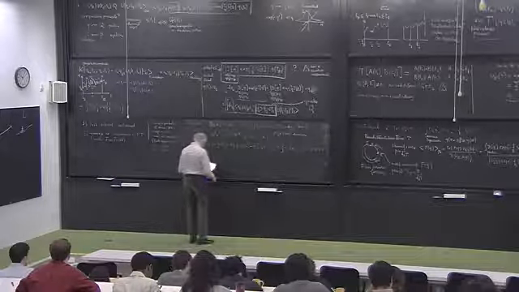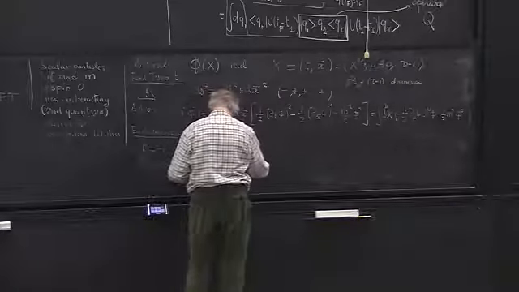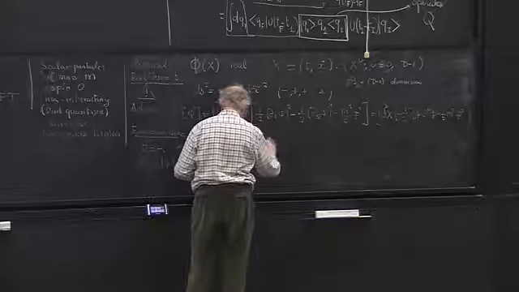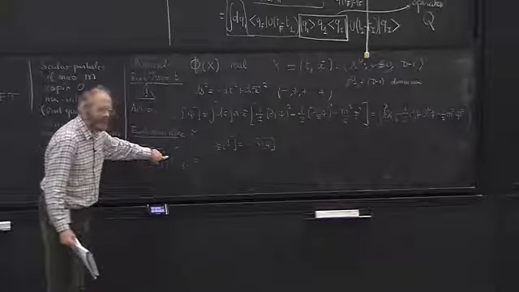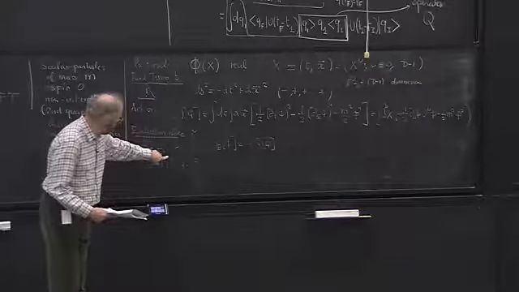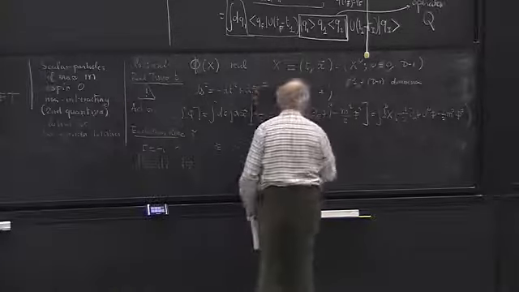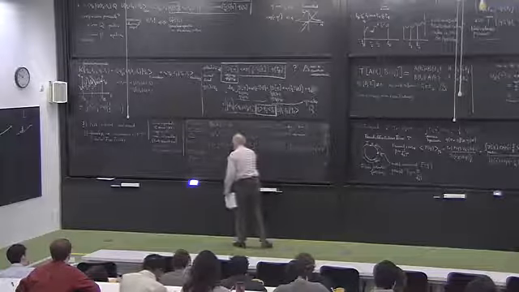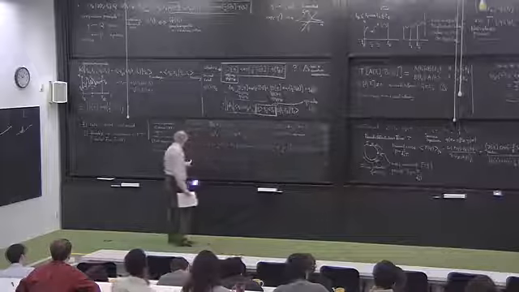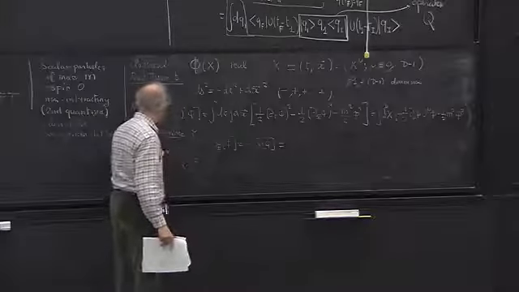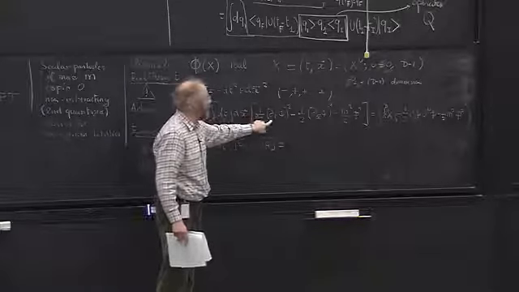And what is the Euclidean action? Remember the rule. The Euclidean action of phi is defined as minus i times the action at real time when you do this change of variables. There is an i factor that comes from this change of variables, and there is a minus sign that comes from this change of variables.